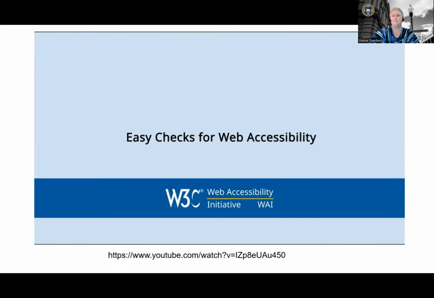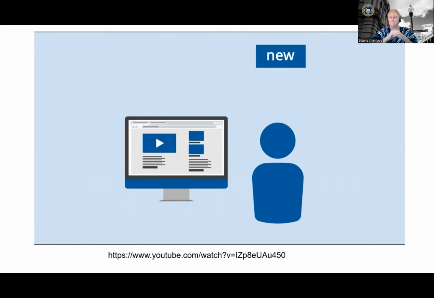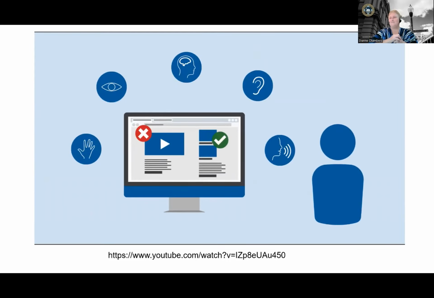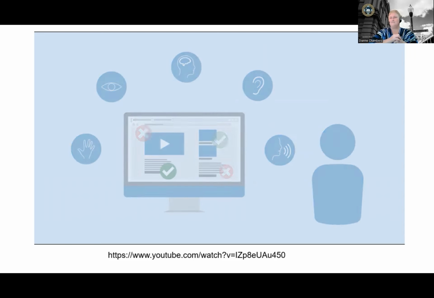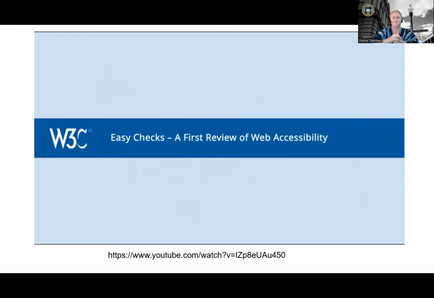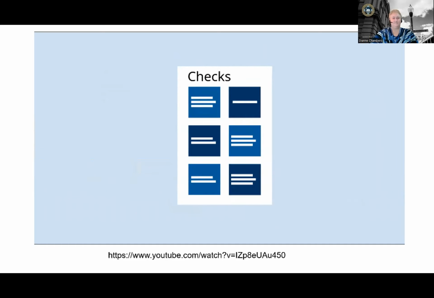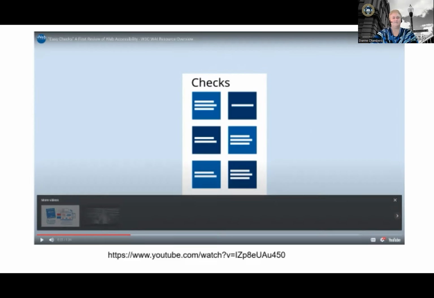Easy checks for web accessibility. Even if you're new to web accessibility and not technical, you can check some aspects of accessibility yourself. Easy checks, a first review of web accessibility, gives you step-by-step instructions to get a rough idea of the accessibility of any web page.